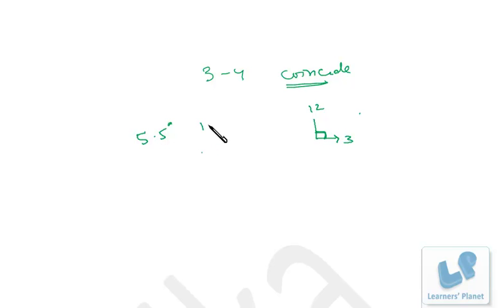Now what exactly happens? 5.5 degrees in 1 minute, so it has to cover up this 90 degrees, so it's 180 by 11.